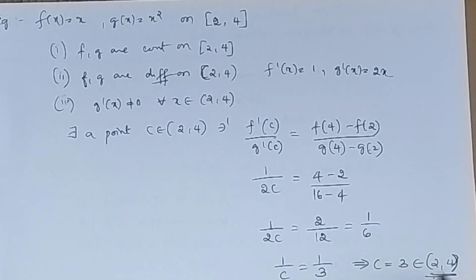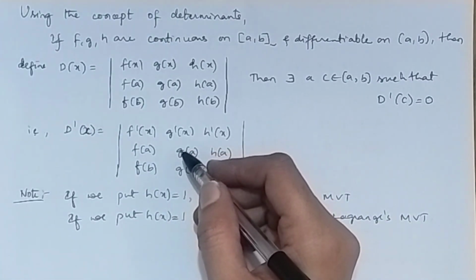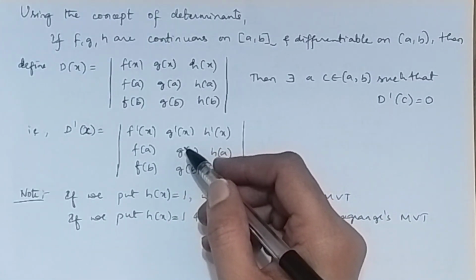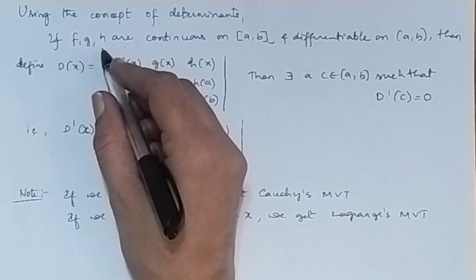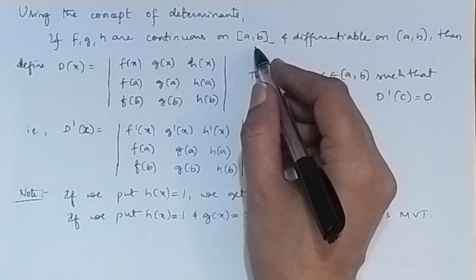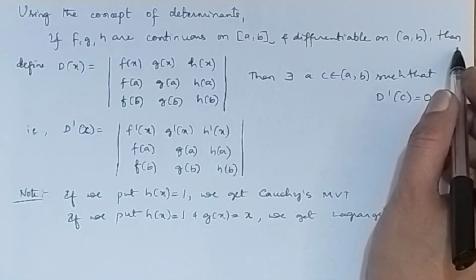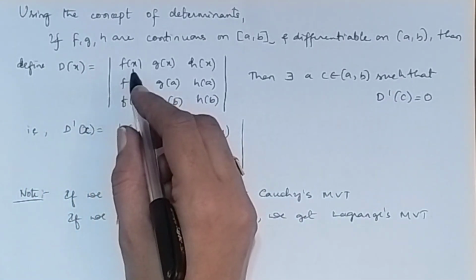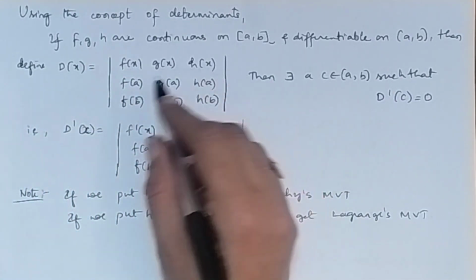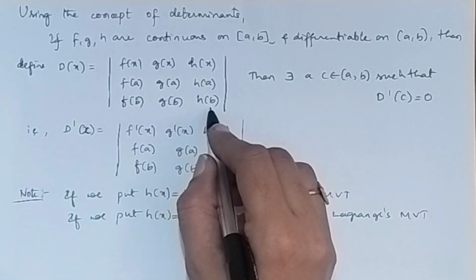The generalized mean value theorem can be stated using the concept of determinants as well. So suppose you have three functions f, g, h which are continuous on closed interval a, b and differentiable on open interval a, b, then you define D of x, determinant of x, as determinant of f of x, g of x, h of x, f of a, g of a, h of a, f of b, g of b, h of b.